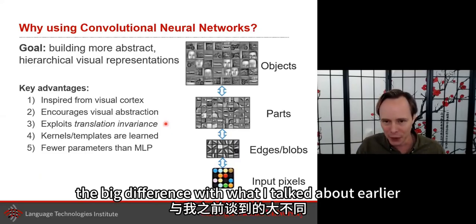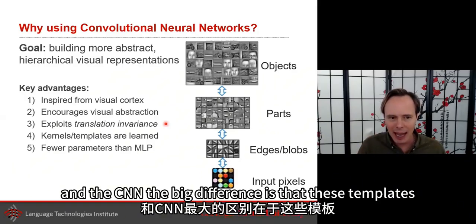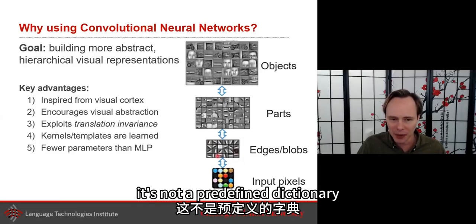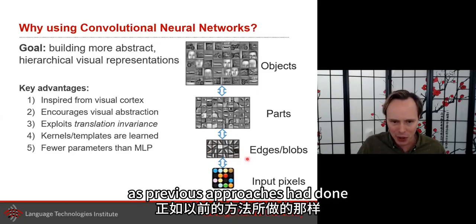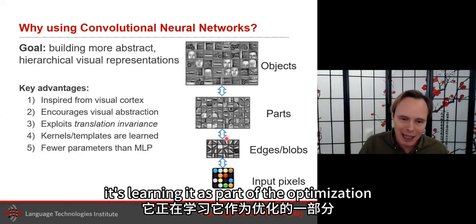The big difference with what we talked about earlier with the Gabor filter and the Haar and the CNN is that these templates, these kernels, are not a predefined dictionary as previous approaches had done. Instead, it's learned as part of the optimization.